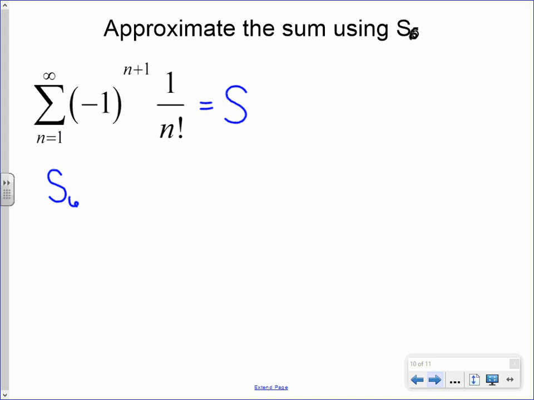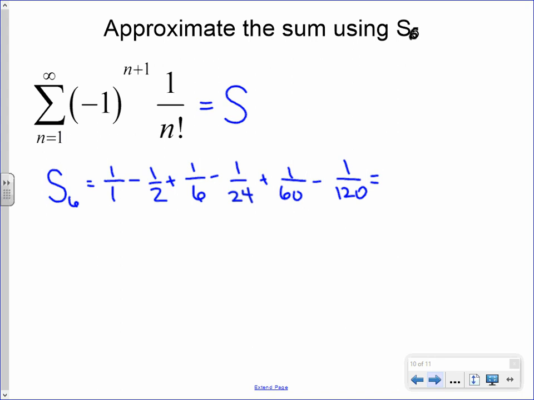It is converging to a sum. The 6th partial sum would be 1 over 1 minus 1 over 2 plus 1 over 6 minus 1 over 24. Are you agreeing with me? Plus 1 over 60 minus 1 over 120. Which is the following number.